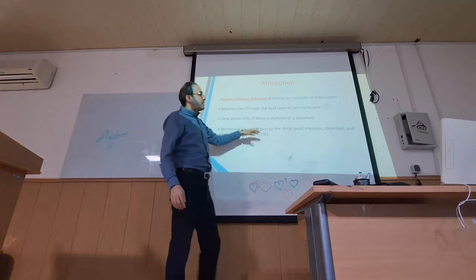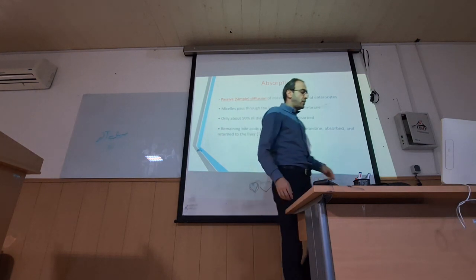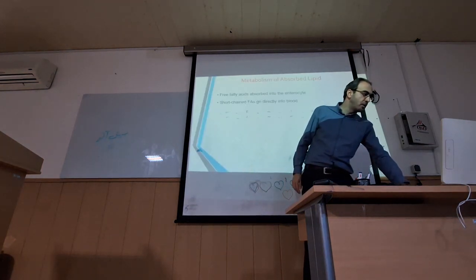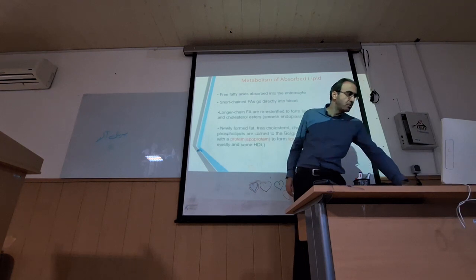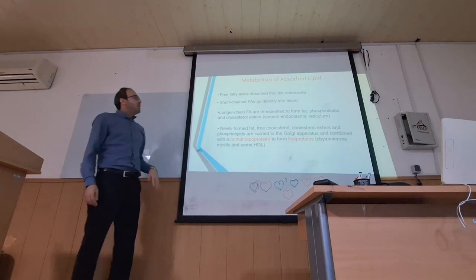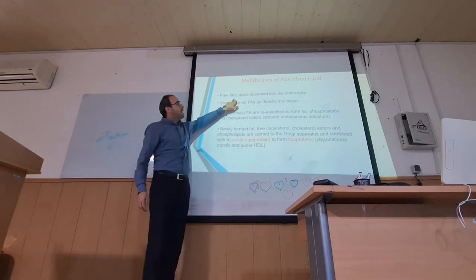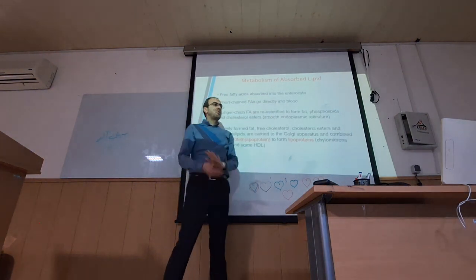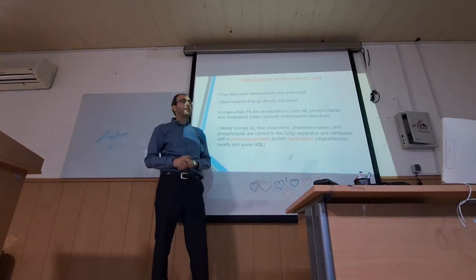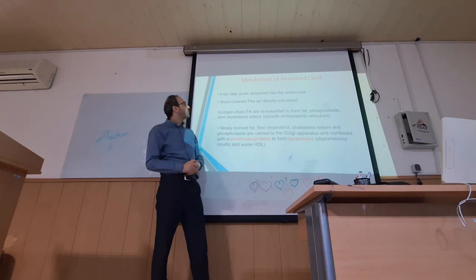Related to bile salt, near 70%, 75% is reabsorbed in the enterohepatic circulation. So, finally, free fatty acids are absorbed into the enterocyte without any problem, because they are small and can transfer easily.